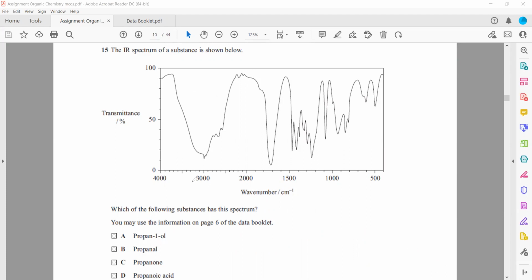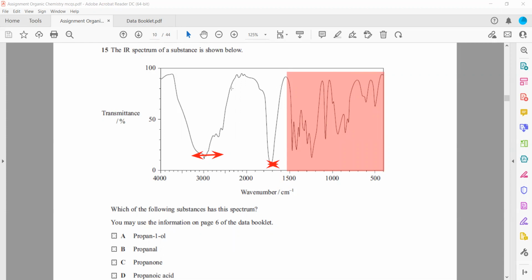So for an alcohol, we are getting a broad peak here. In this region there is a broad peak, and in this region we have a sharp peak. The region before 1500 is known as the fingerprint region, because every molecule has a unique infrared spectrum, so we don't use that. We use after 1500.